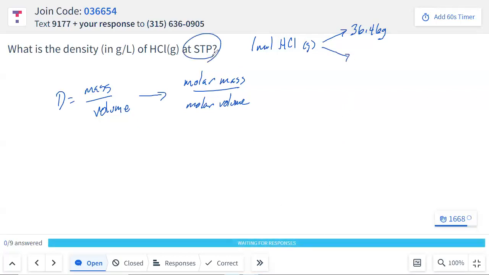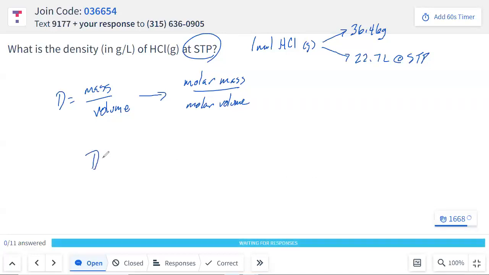Now, since we are at STP, again, depending upon which definition of STP we use, we'll use the IUPAC version just for clarity because we've used it in other places. We know that this is a 22.7 liter sample at STP.